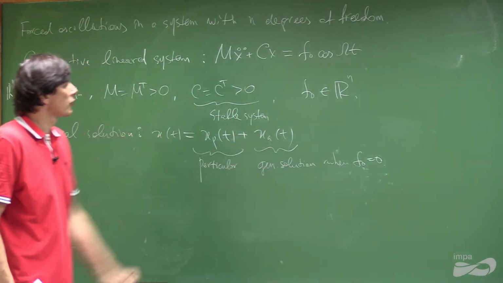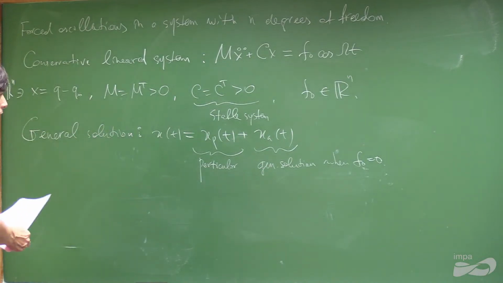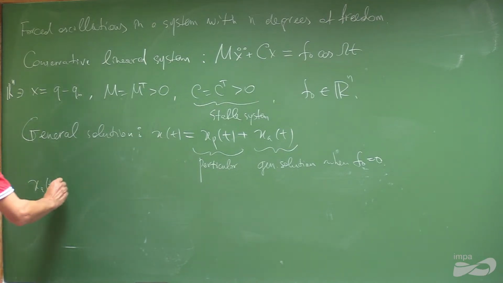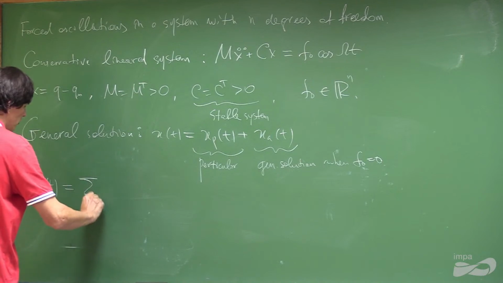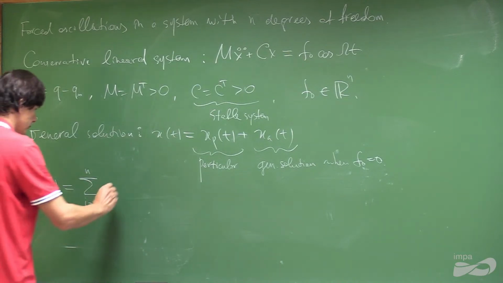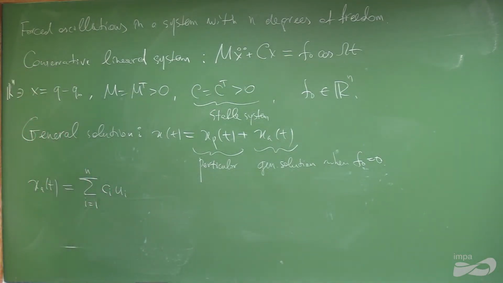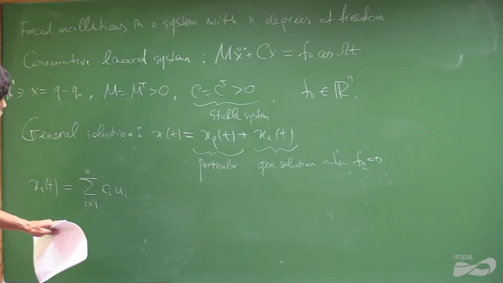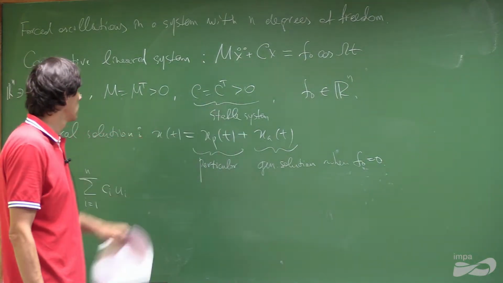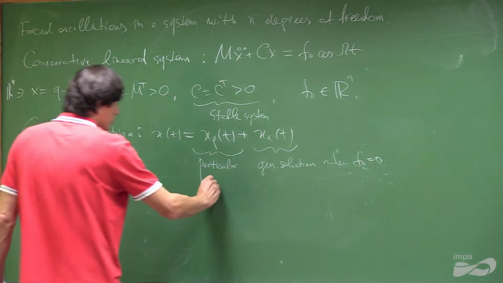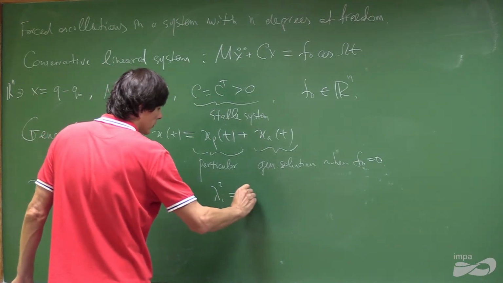This we already computed. Remember that x_a of t, its general form is the sum over all modes with arbitrary coefficients times u_i. And in the stable case, remember that all the squared eigenvalues are negative.